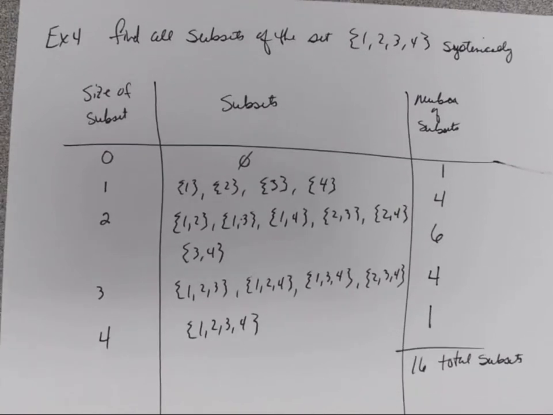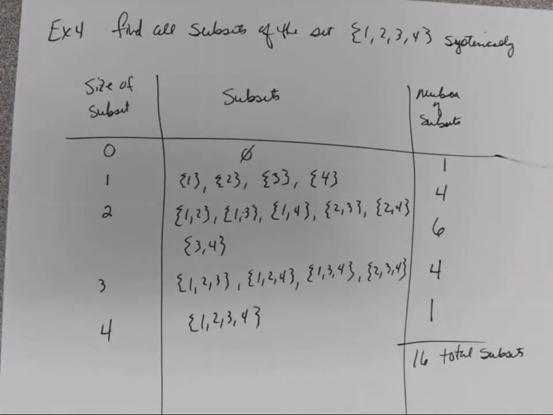So that's systematically using a system to actually create how many subsets we have. This will be something you'll see in homework and probably see something similar to this on an exam.